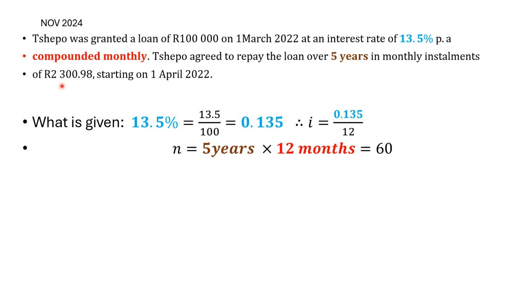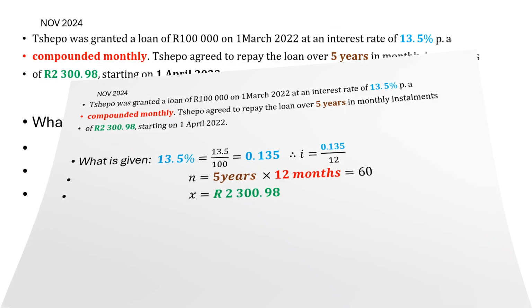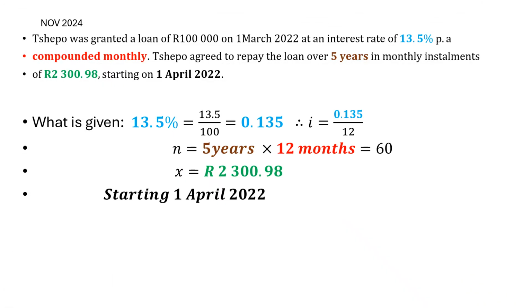His monthly payment, X, is 2,398 Rand, and he's starting on 1st April 2022. Right, so that is when he's starting his payment. So let's go look at the first question.